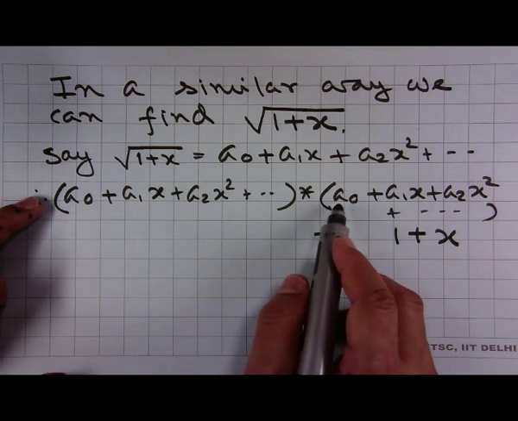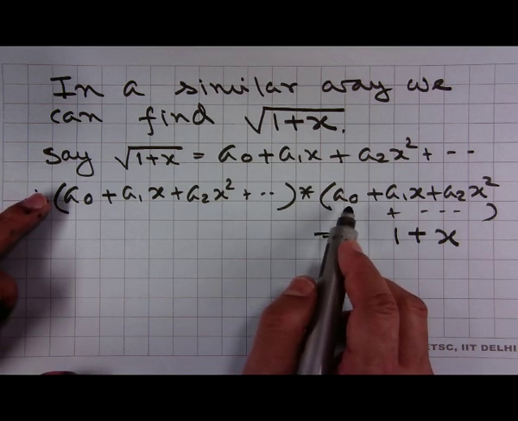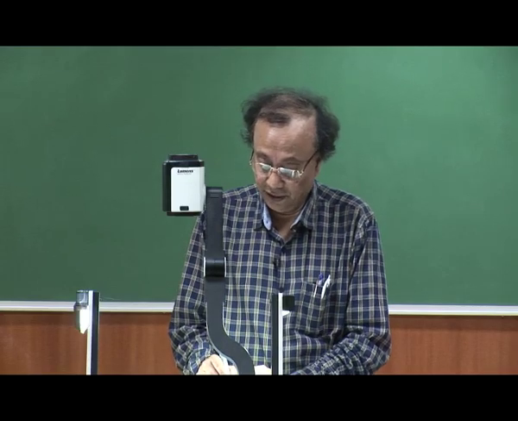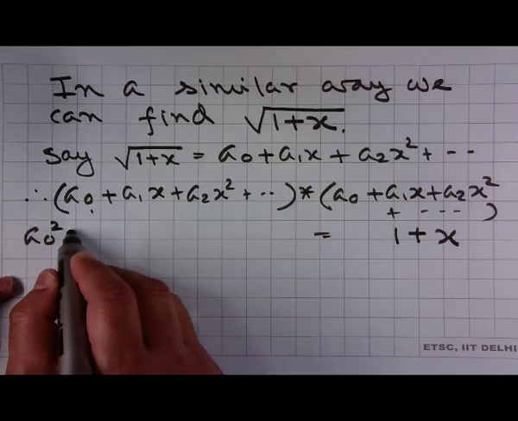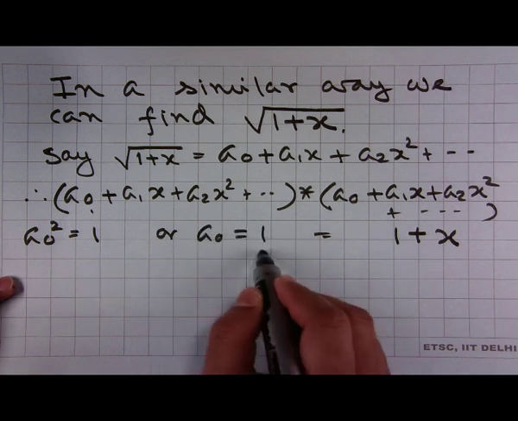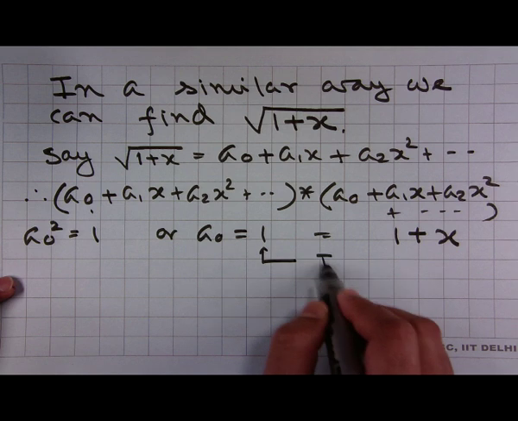Now, by multiplying them and equating the powers of x, we find a0 square is equal to 1 or a0 is equal to 1 by taking positive value.